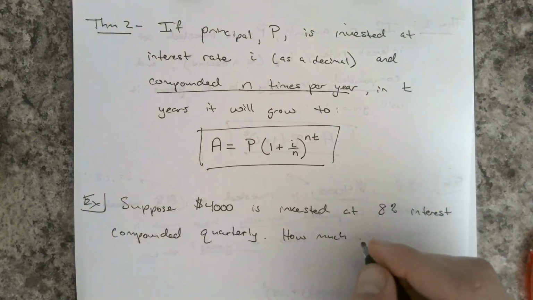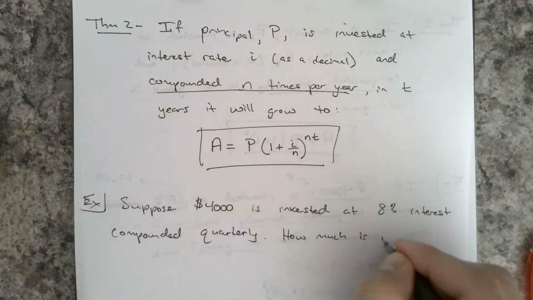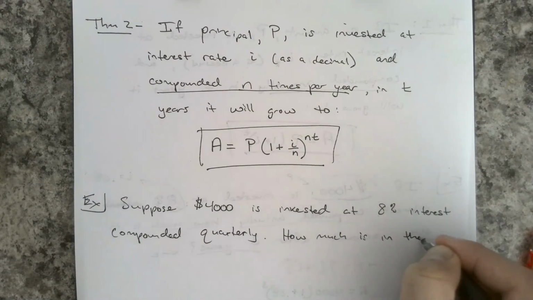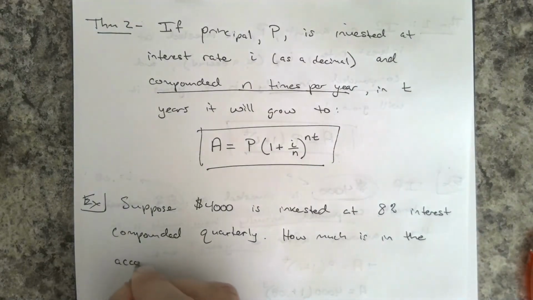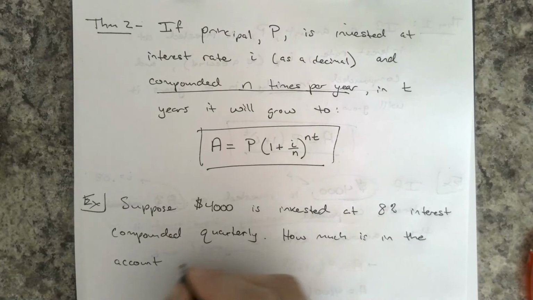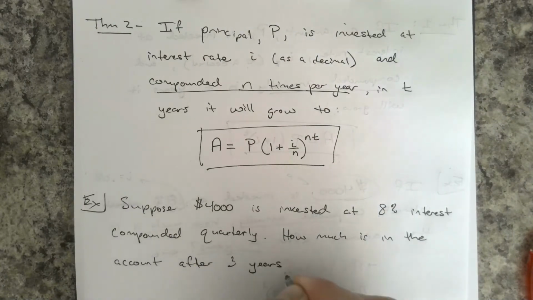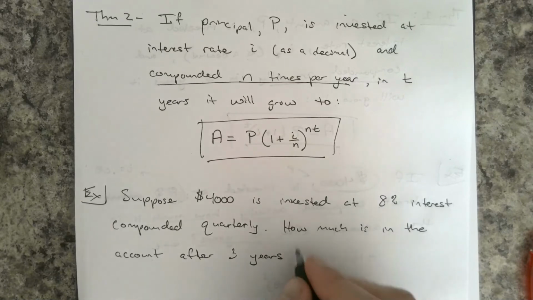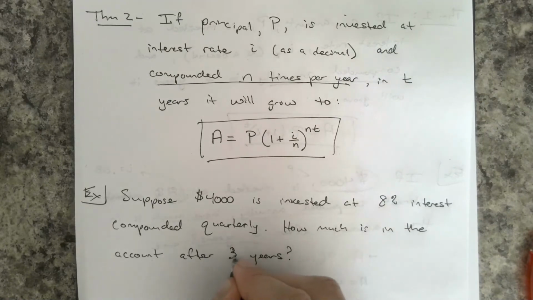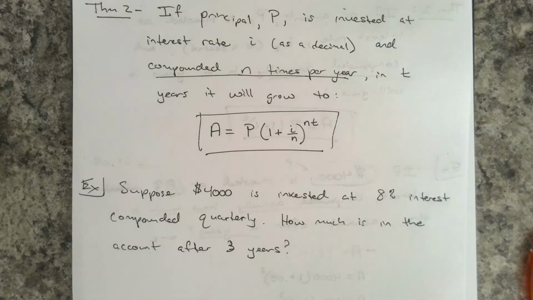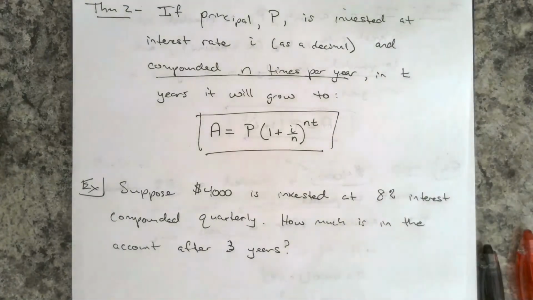How much is in the account after 3 years? And we assume it's going to be left untouched. So remember, when I'm going through this, you should probably pause this, try it on your own, and then see how it works out for you in terms of getting an answer.